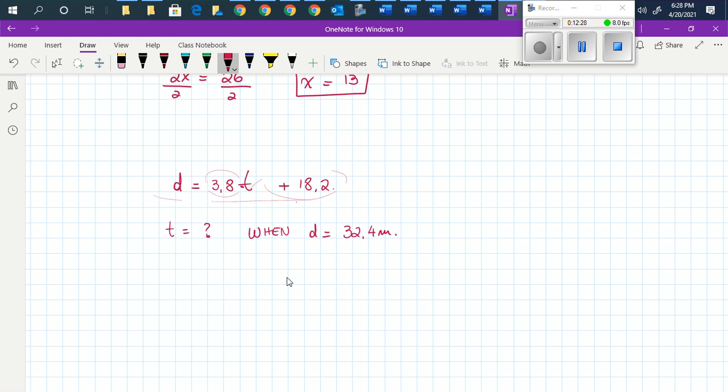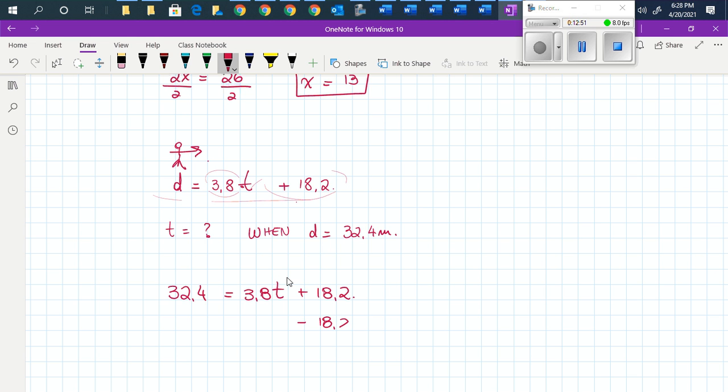But mathematically, what we will do is walk over the equation, and when we see a variable, we will replace it with the value. So 32.4 is equal to 3.8t plus 18.2. And now let's solve it.